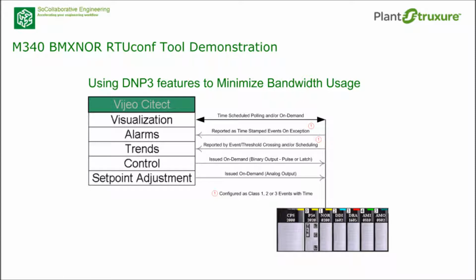Data for alarms and trends will be unsolicited, also known as report by exception. Data for control and set point adjustment will be on demand. This communications configuration will minimize system bandwidth usage during normal operation. Having available bandwidth opens up other possible uses of the bandwidth, like video file transfers, but that is a subject for another demo.